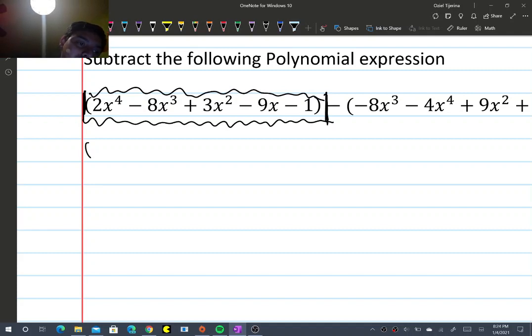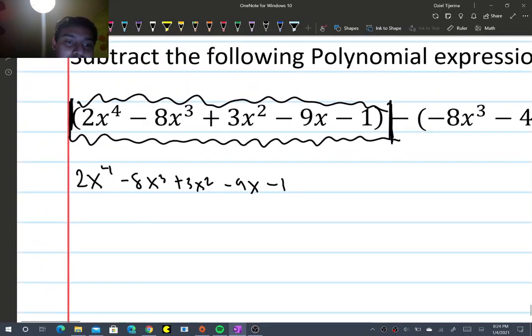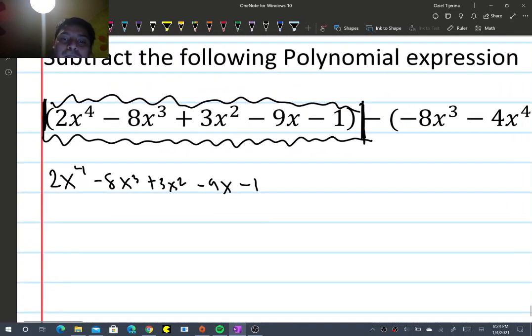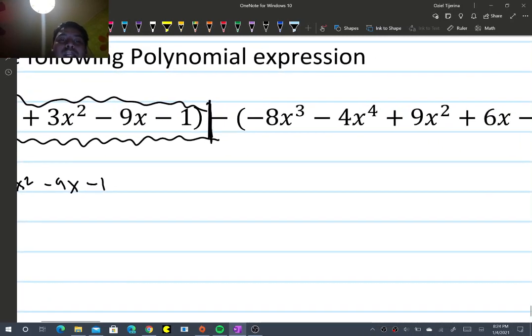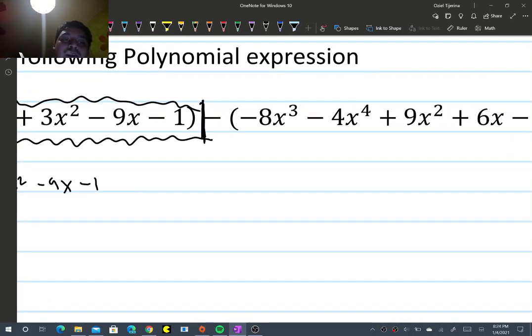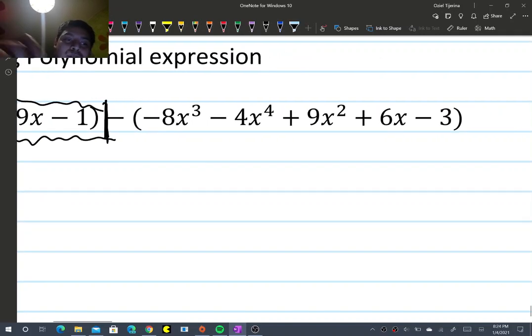So we can say that this is 2x to the fourth minus 8x cubed plus 3x squared minus 9x minus 1, okay? And so I took off the parentheses, and now since we have a negative here, what you want to do at this point is distribute your negative.